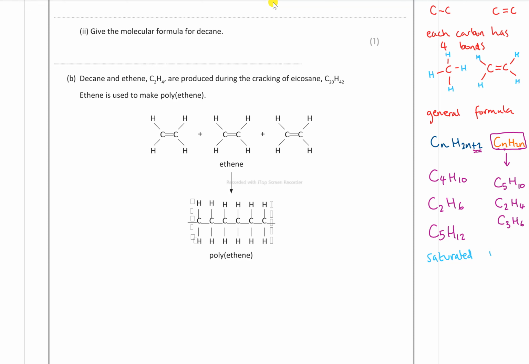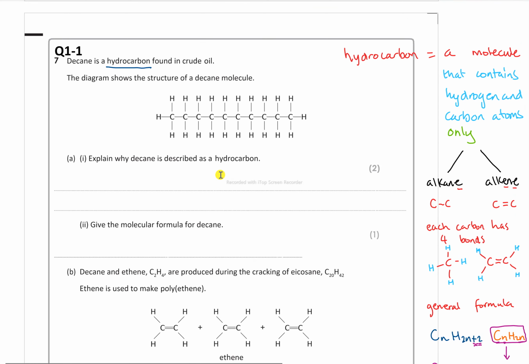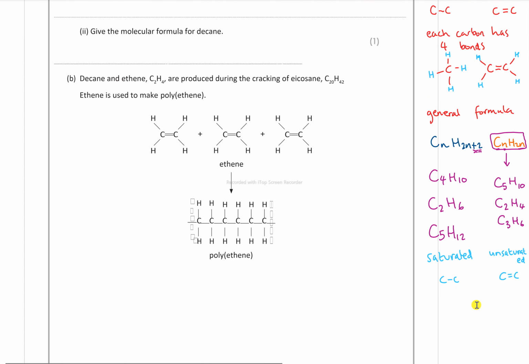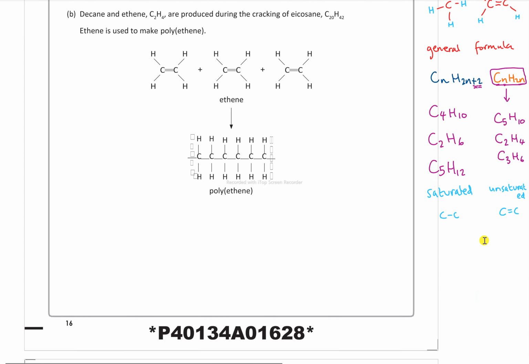And this is unsaturated because it contains double carbon to carbon bonds. Right, let's move on. All this stuff I've done on the side, you need to know all this.